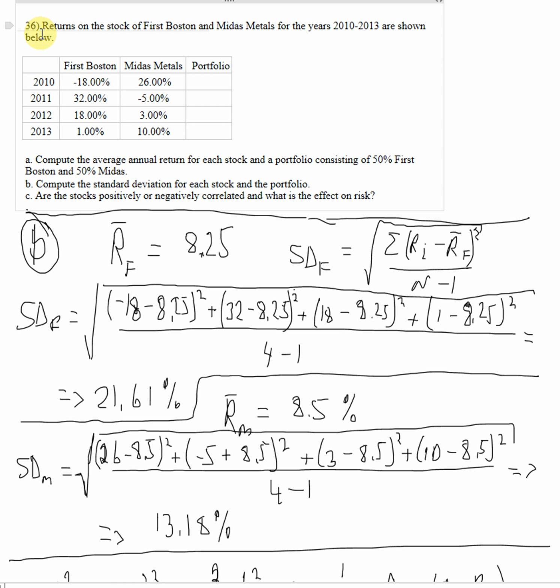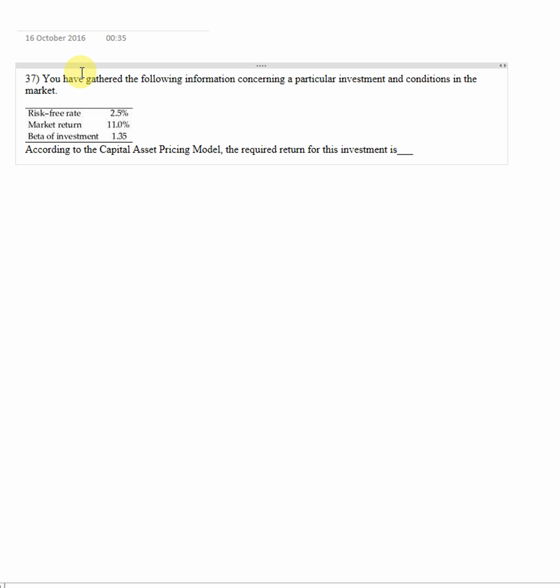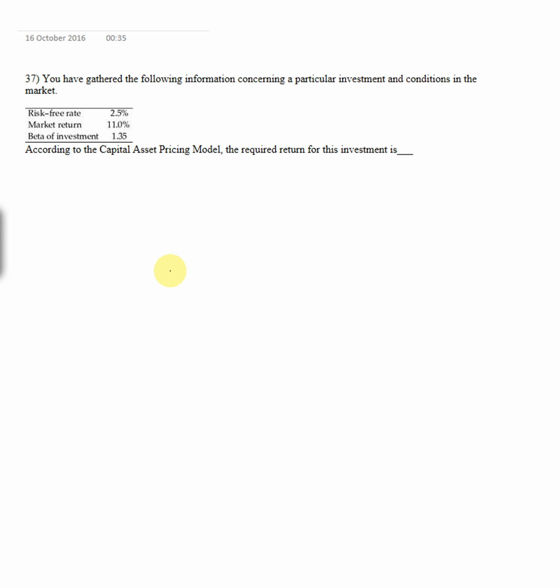Now question number 37. This was also in your problem set that we didn't answer, so let's read it. You have gathered the following information concerning a particular investment and conditions in the market. Okay, so we have risk-free rate, market return, beta of investment. According to CAPM, the required return for this investment is... a very simple question.